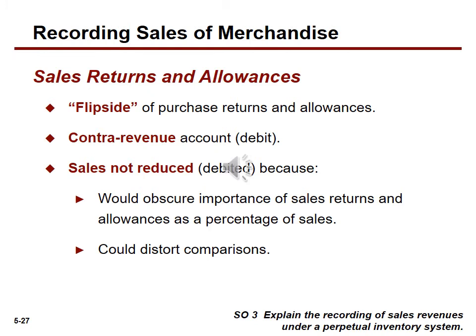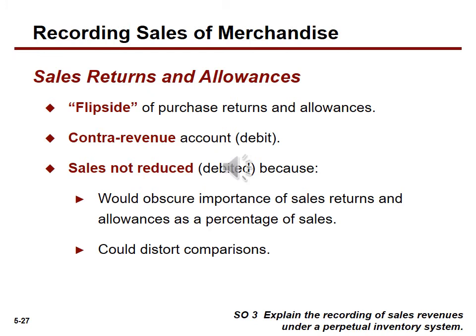Sales are not reduced or debited because they would obscure the importance of sales returns and allowances as a percentage of sales, and they could distort comparisons between different financial periods and different companies. So that is why we don't just reduce the sales balance right away, and we use a revenue contra account, which is the sales returns and allowances account, just like we've done with the contra asset account.